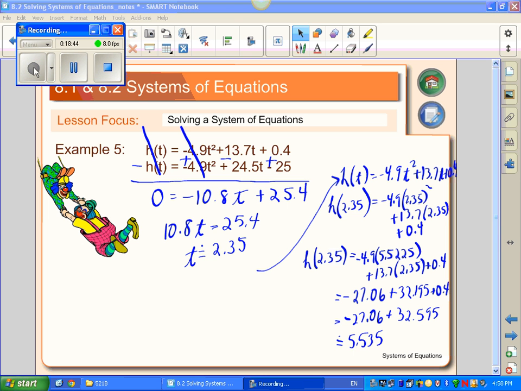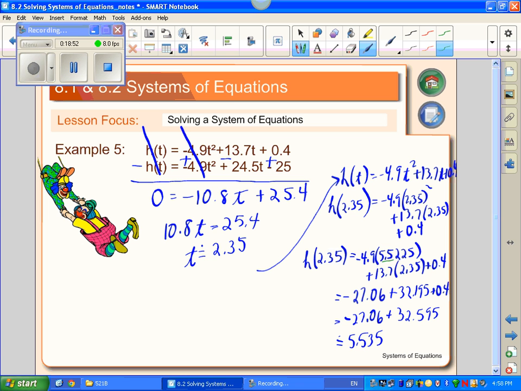I did the calculations off air here. So I did 2.35 squared and got approximately 5.5225. I multiplied that by negative 4.9 and got negative 27.06. 13.7 times 2.35 gives 32.195, and then adding in the 0.4, I get 32.595.